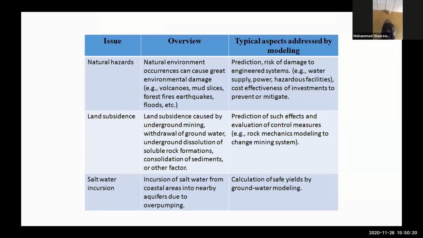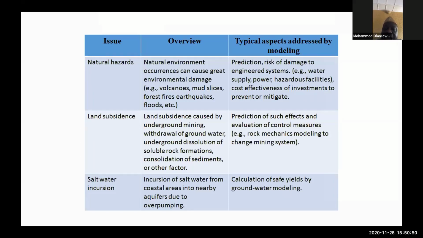And also in California, about 2-3 weeks ago, there was what we call the firestorm. Typical aspects addressed by modeling will be prediction, risk of damage to the engineering system, water supply, hazardous facility, cost effectiveness of investment to prevent or mitigate.